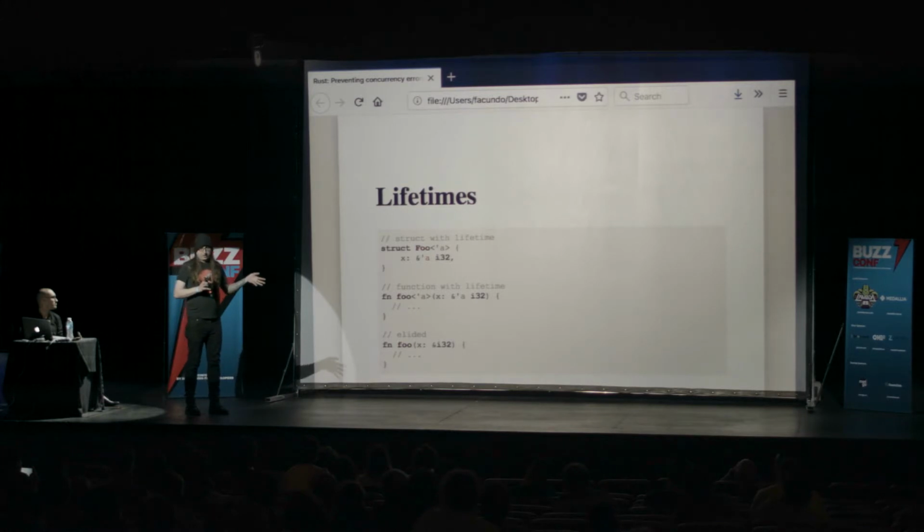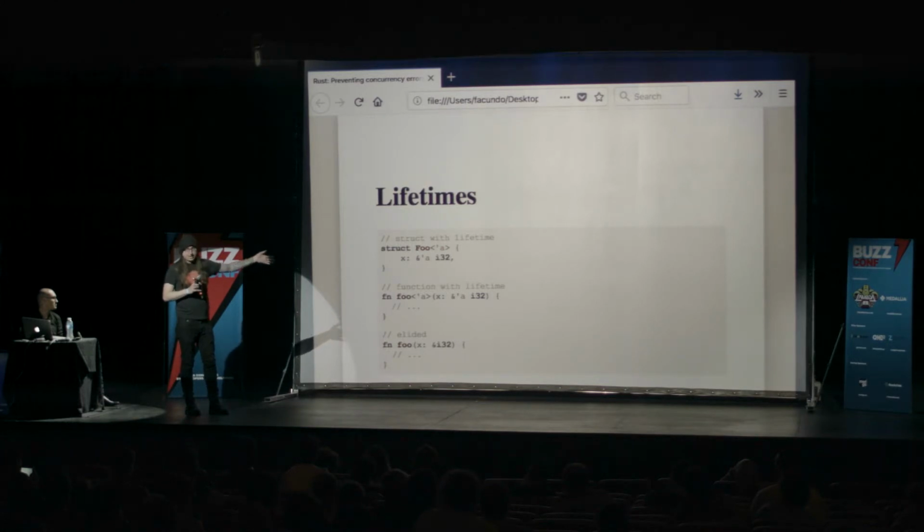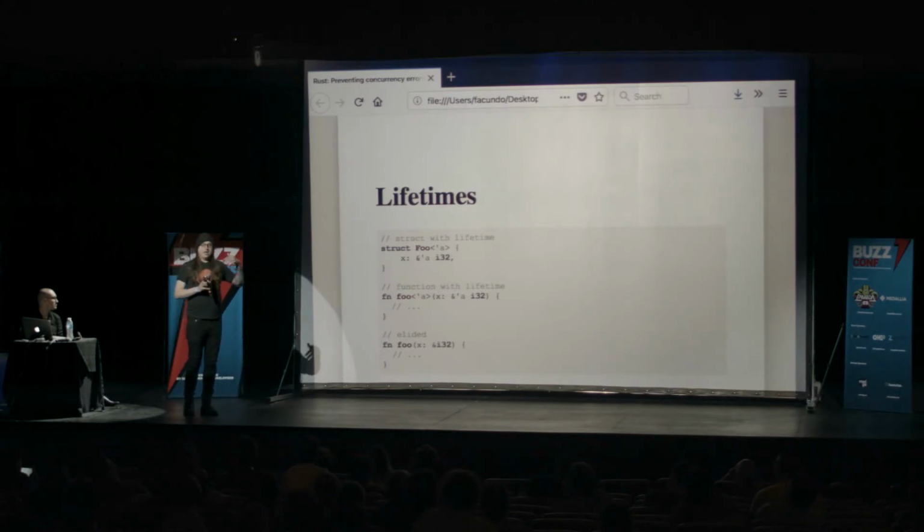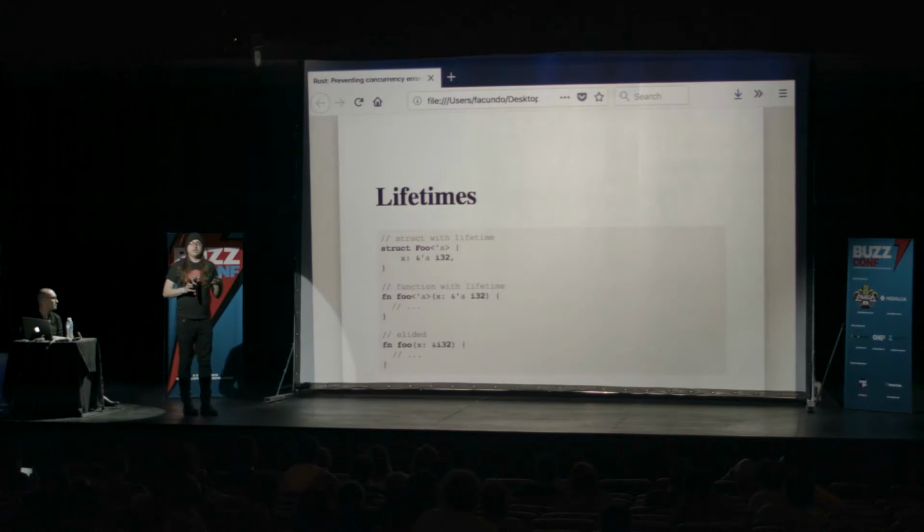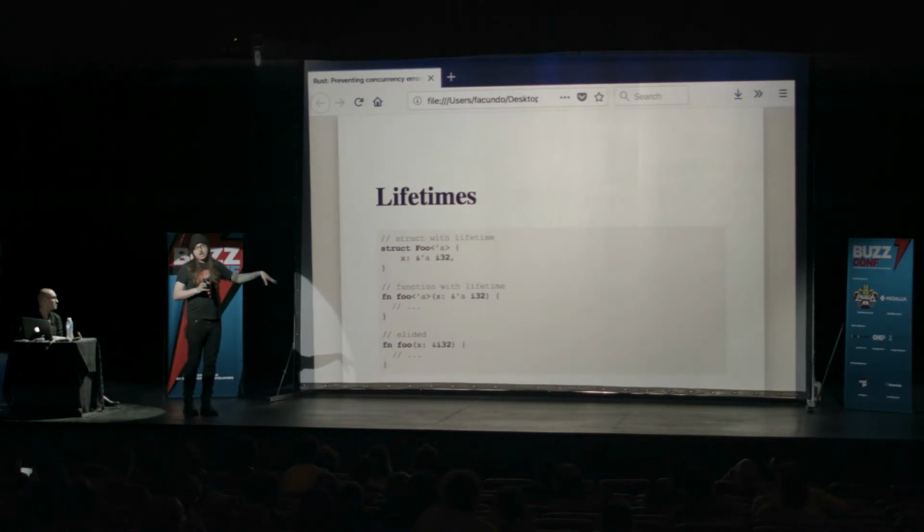So there's only one possibility for a lifetime, because lifetimes are a property of references. So why make you write this tick a shenanigans? In actual Rust code, you would write fn foo(x: &i32), and that looks a little more reasonable. But that's ultimately a convenience for you as a programmer to not want to claw your eyes out by reading this all the time. Underlying in the compiler, these two things are equivalent.